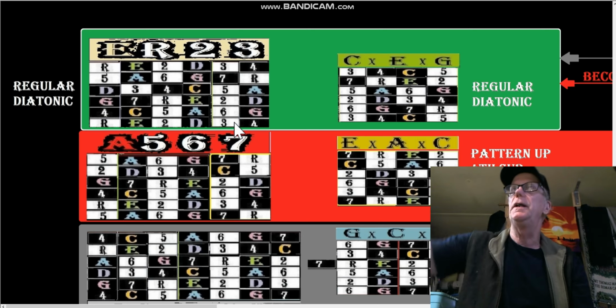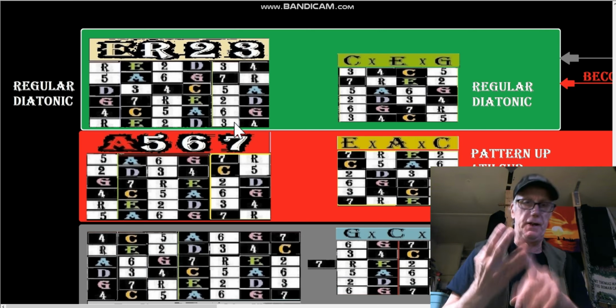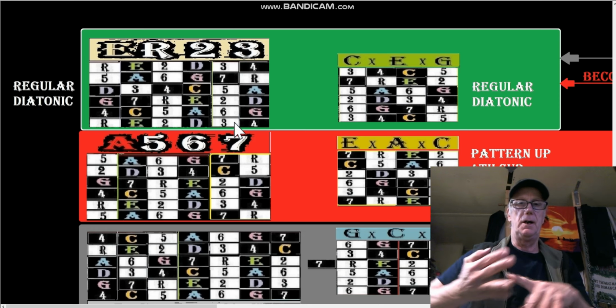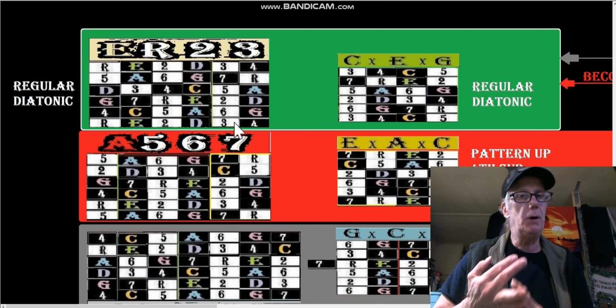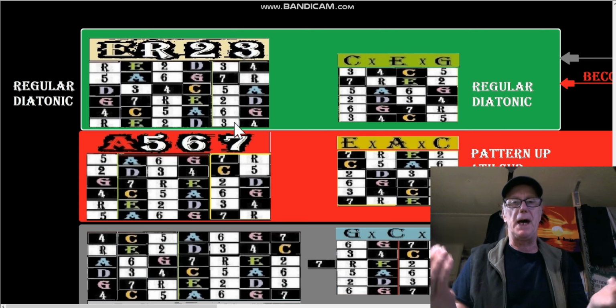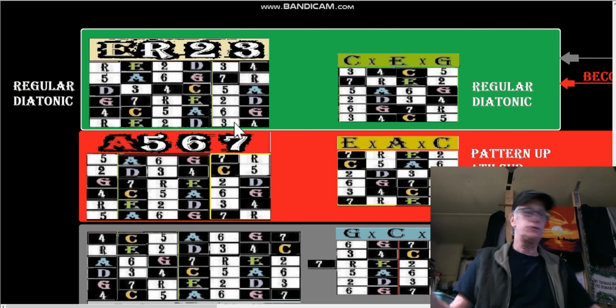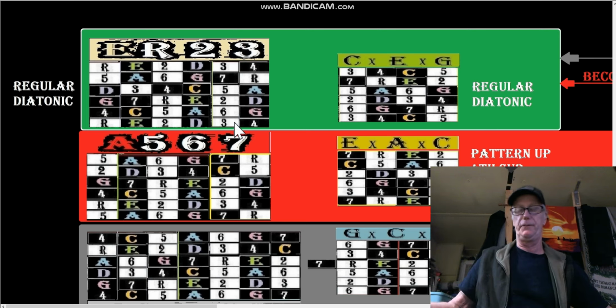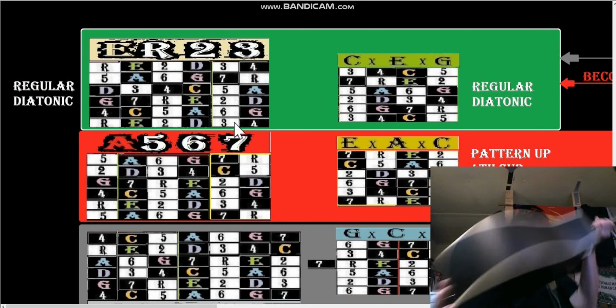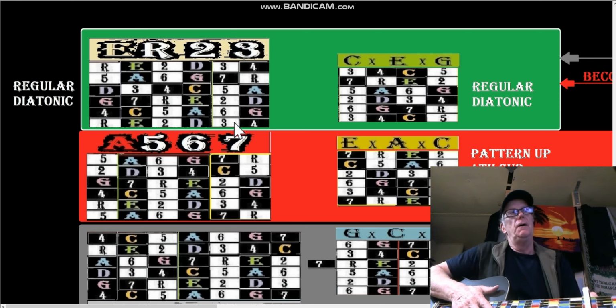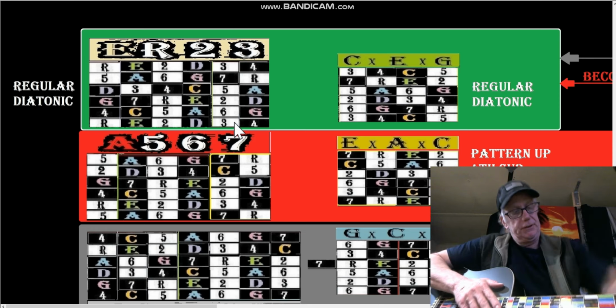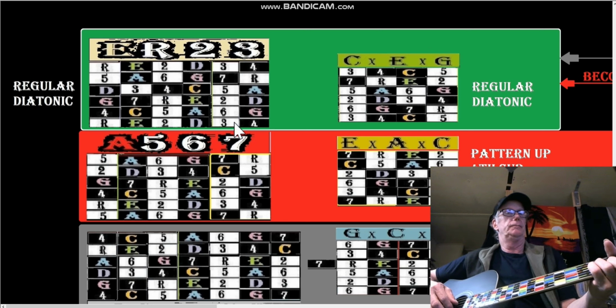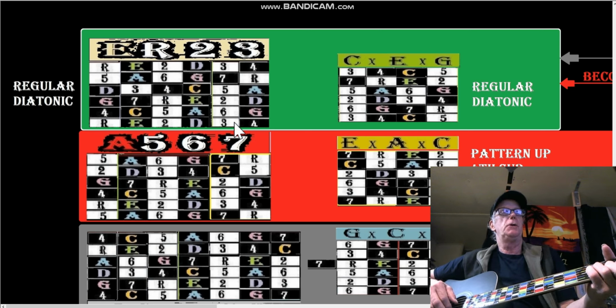Because guess what? If we add the 4th and the 7th of the 4th and the 5th modes, we're right back to the diatonic of the 1st, which is from previous lessons. That's how to play guitar. You do like, this might be the C mode, right?